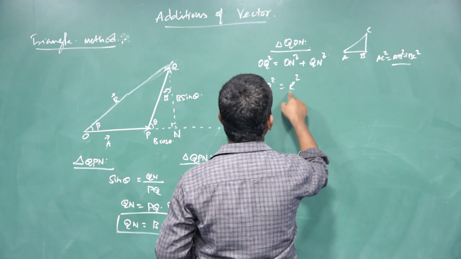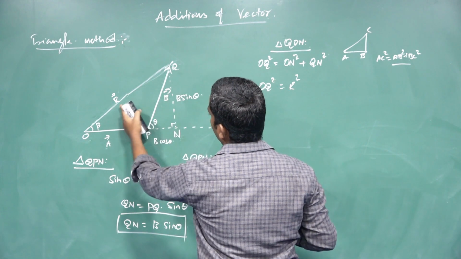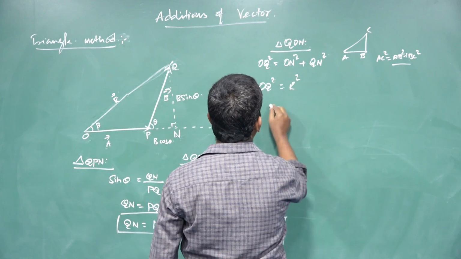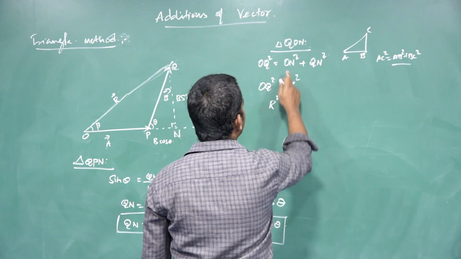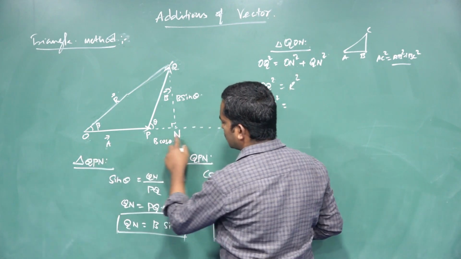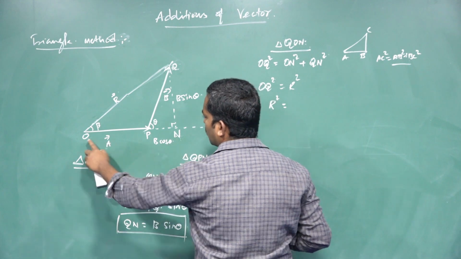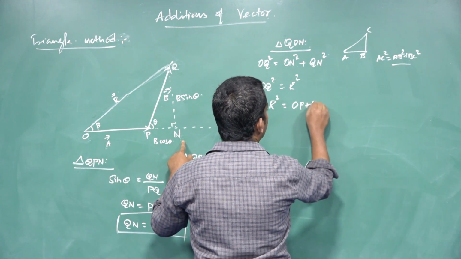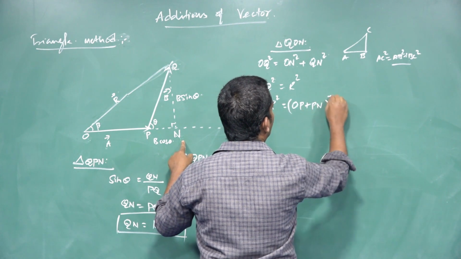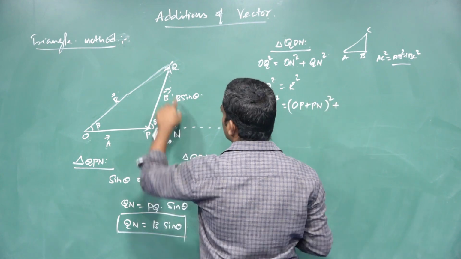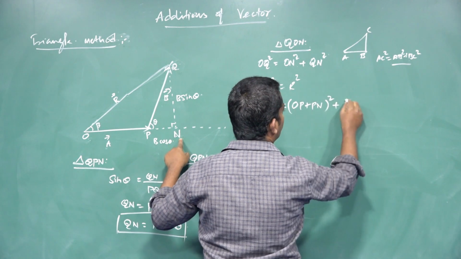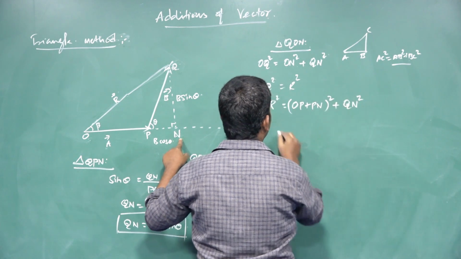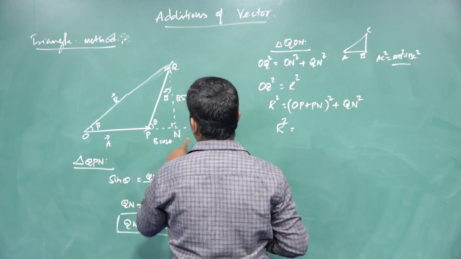So OQ square is equal to R square, and R square is equal to ON square. ON is equal to OP plus PN, so OP plus PN whole square plus QN square. R is the resultant vector.